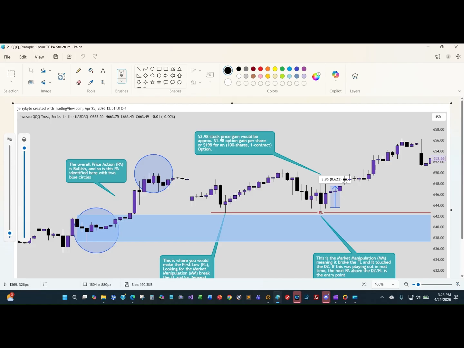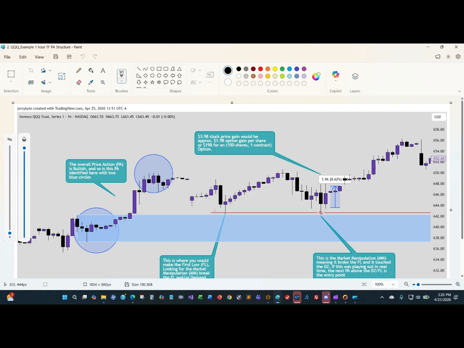So in essence, this would have been a $2 gain on the contract, but that's per share. And there's 100 shares inside one contract. So you do the math, you would have had basically a $200 run, but that is for one contract. Now imagine if you had 10 contracts or 100 contracts. And that's how these kinds of things can scale.